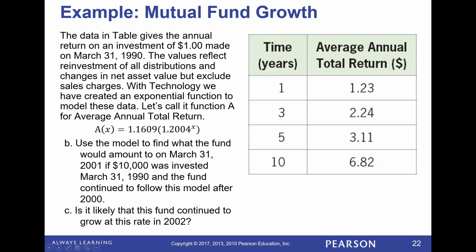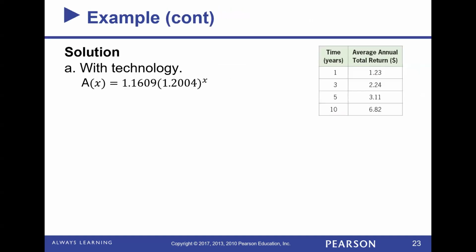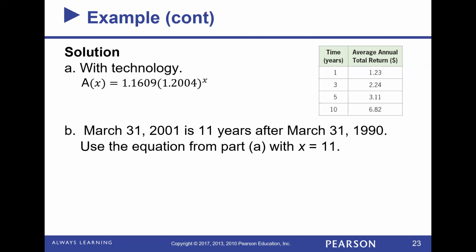So what we're going to do is start with the dates. We started putting the money in the year 1990, and 11 years later is when I am going to look at how much money is in the account.